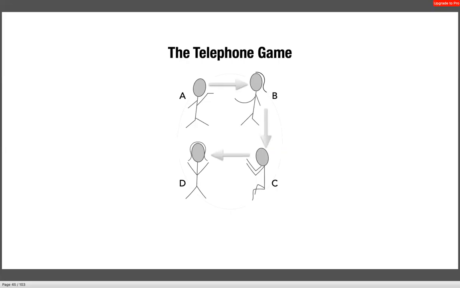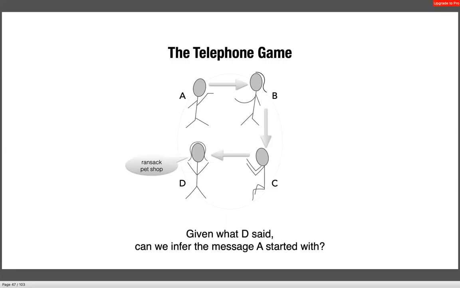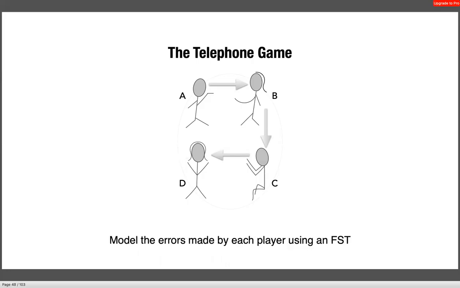Finally, the last person in this cycle announces what he or she heard, and it's fun to see how much it differs from the original intended message that originated from A. This could be stated as the following problem: given what D said, can you infer the message that A started with?